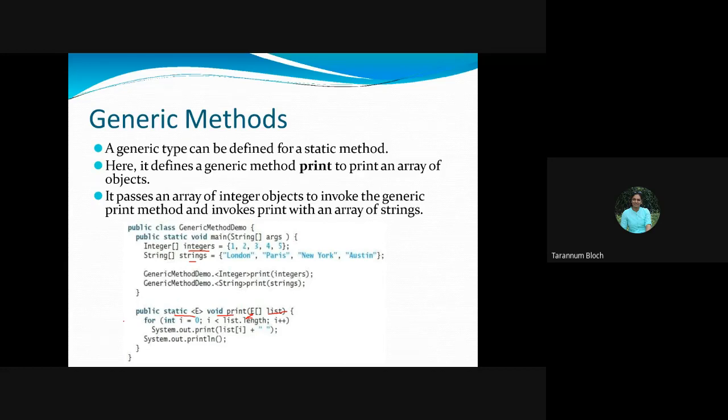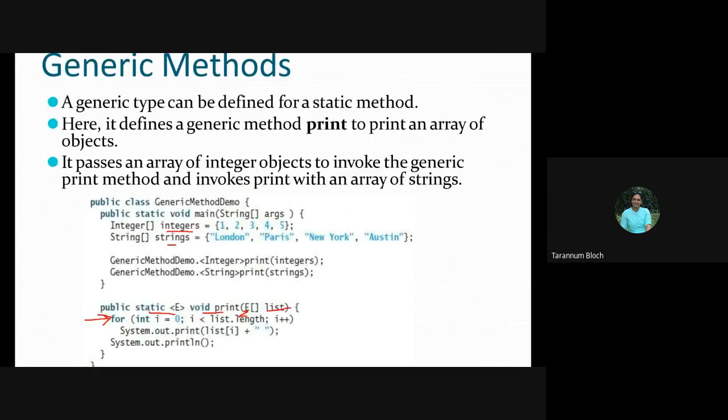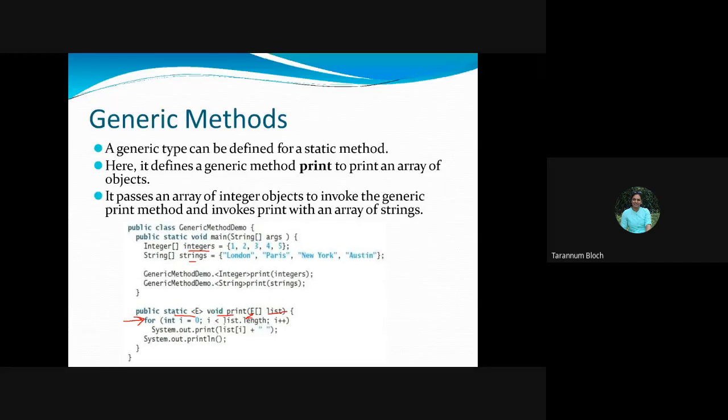So we have taken that for accessing elements from 0, I less than list dot length, where I is the index. So for the integers, it will be executed from 0 to 4, that is a total of 5 times. And for strings, it will be executed from 0 to 3, that is a total of 4 times, because we have 4 cities. Is it clear?